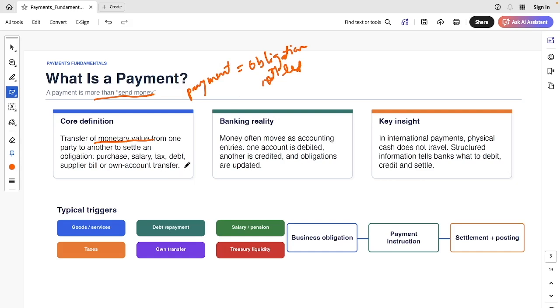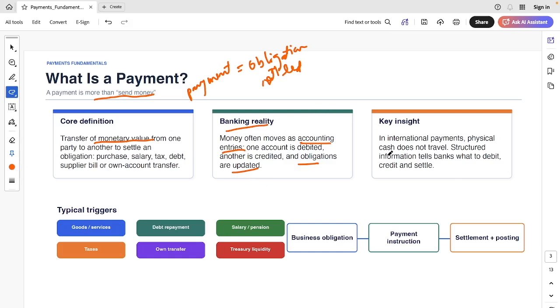Now here is the banking reality. In most modern payments, physical money does not move like a parcel. Banks usually update the accounting entries in case of a payment flow. One account gets debited, another account gets credited, and the obligations are adjusted. Now many beginners get confused here.